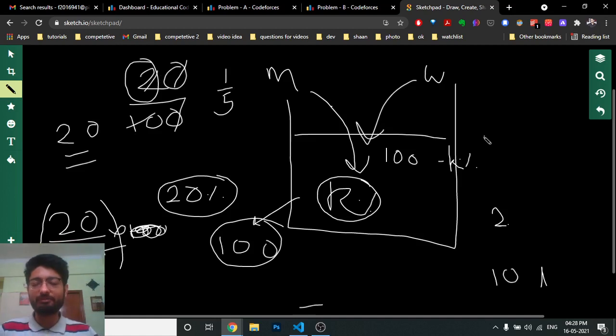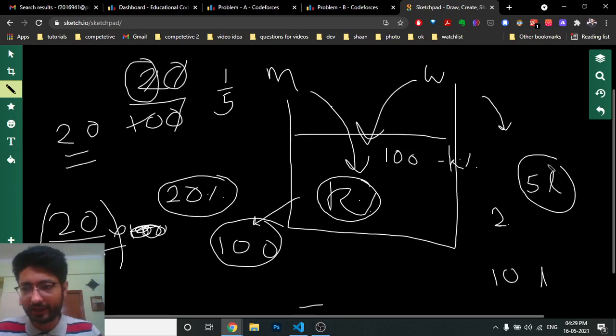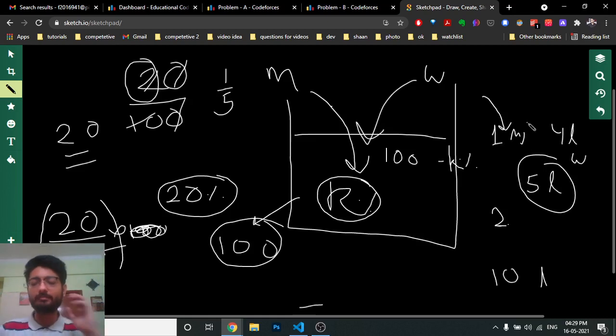Then 1 by 5 means that in a 5 liter solution, if there is 1 liter of magic essence and 4 liters of water, that will also give me 20%. Instead of making 100 liters with 20 liters of magic essence, because I want 20%, I can just put 1 liter of magic essence in 5 liters. That will give the same thing.